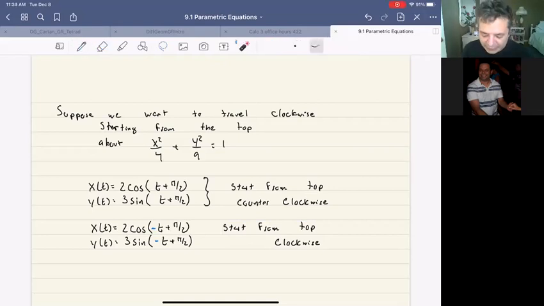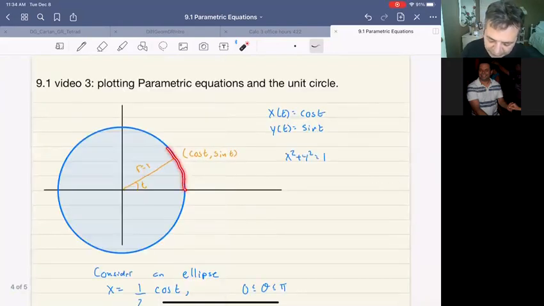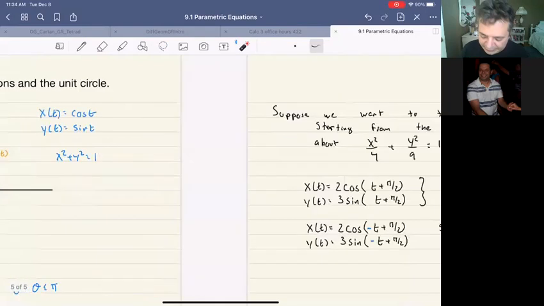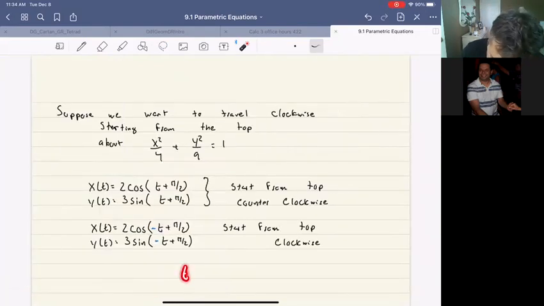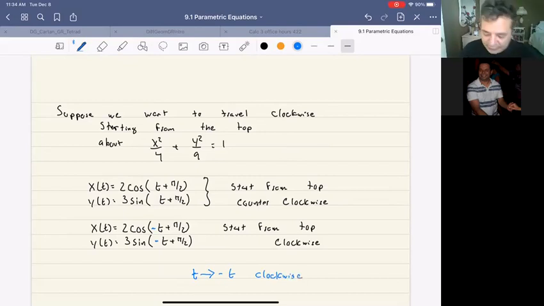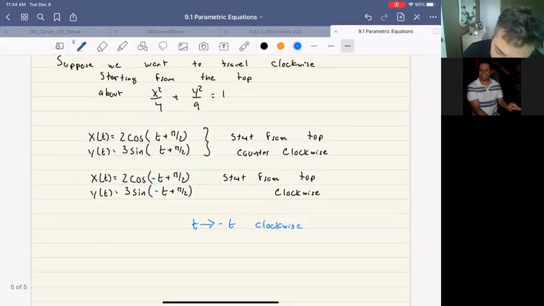Because if you think about it, when we're going around this way, all we have to do to make it go clockwise is to go negative t. So the negative t is what makes it go clockwise. Here the t to t plus pi over 2 moves the starting point.